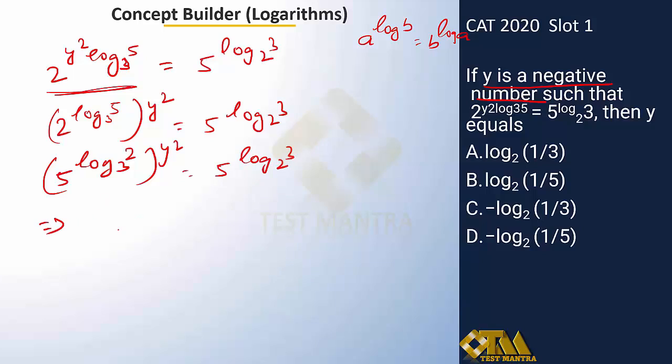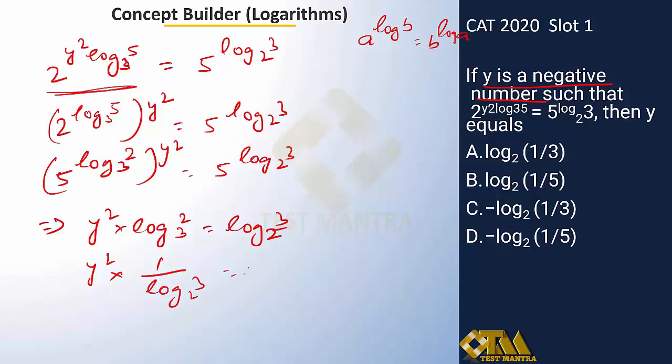Right, now if we equate both of them, I can say y square into log 2 to the base 3 is equal to log 3 to the base 2. So here it's y square into 1 by log 3 to the base 2 should be equal to log 3 to the base 2. So I can say y square is supposed to be log 3 to the base 2 whole square.